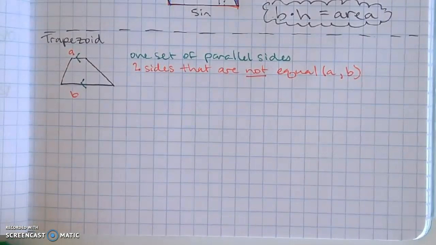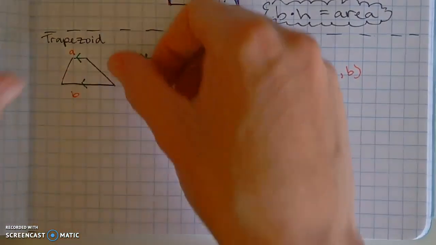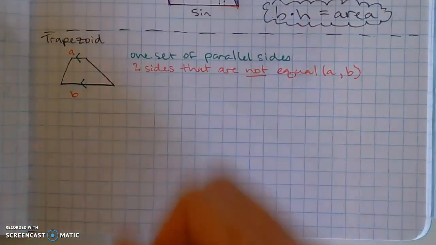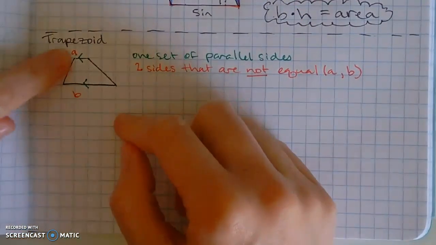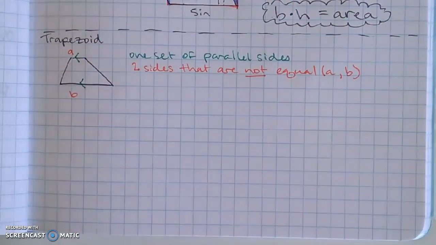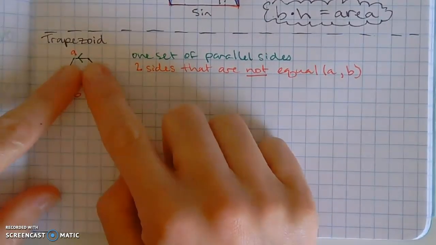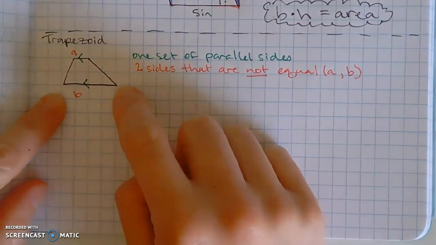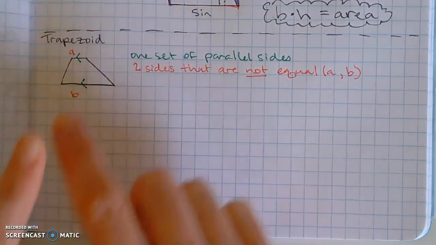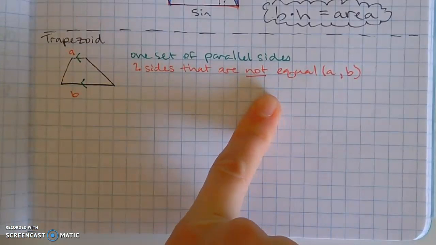And then you have usually a height, okay? So these two sides over here, we don't usually label those because sometimes they'll be the same length and sometimes they'll be different lengths. I would also say that sometimes, in most cases, you're going to have 2 obtuse angles and 2 acute angles, but that's not always true. So this is kind of a base definition of what a trapezoid is, okay?